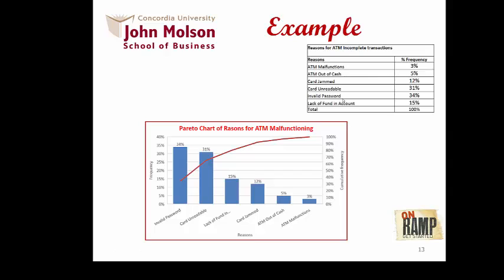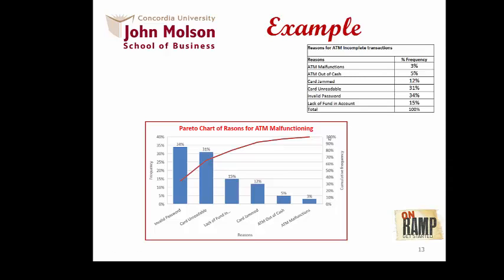But not only that, it has created a second axis on the right side, which gives me the cumulative frequency. So if I have invalid password alone, it's 34%, and we read it from the axis on the right side. Then I put the next one. Putting together 34 and 31, this is 65%. And so on. So at the end, it covers all the reasons, so it is 100%.